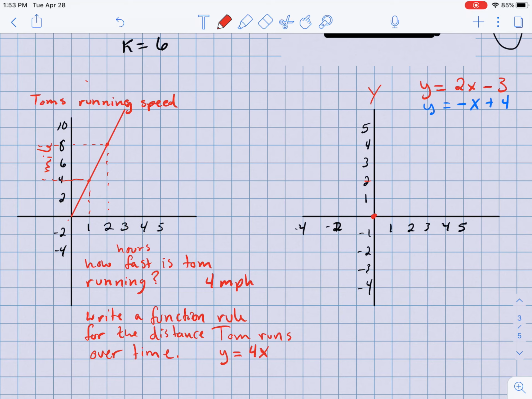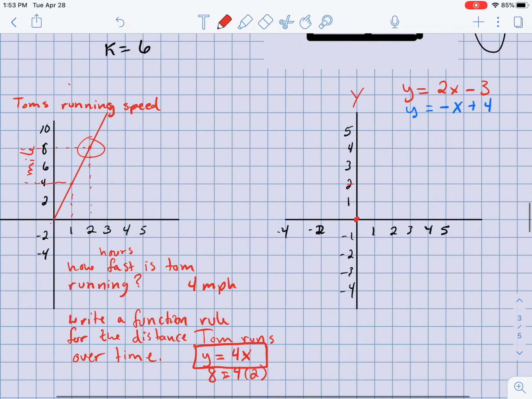So in 1 hour he's going to run 4. Now if x is 2, the distance he's going to run is 4 times 2, which is 8. And if you look here on the graph, we see that's true. So this gives us the function rule that works for this graph.